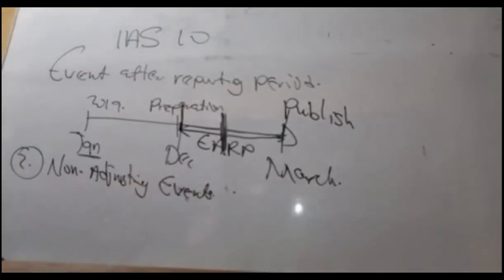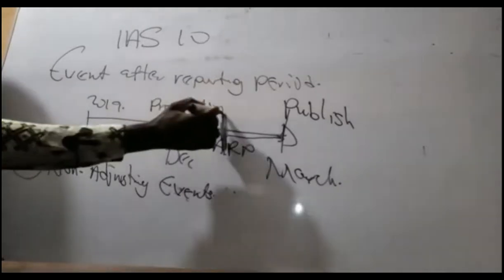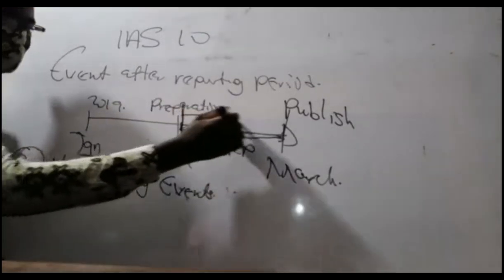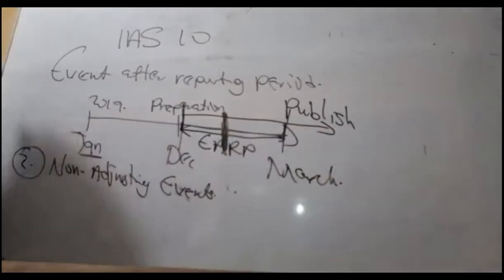Now, when you talk about non-adjusting events, first, it is the reverse of the adjusting. They are events which occur after the reporting period, and they provide evidence that they exist after the year end. They will tell you that we exist after. Good.